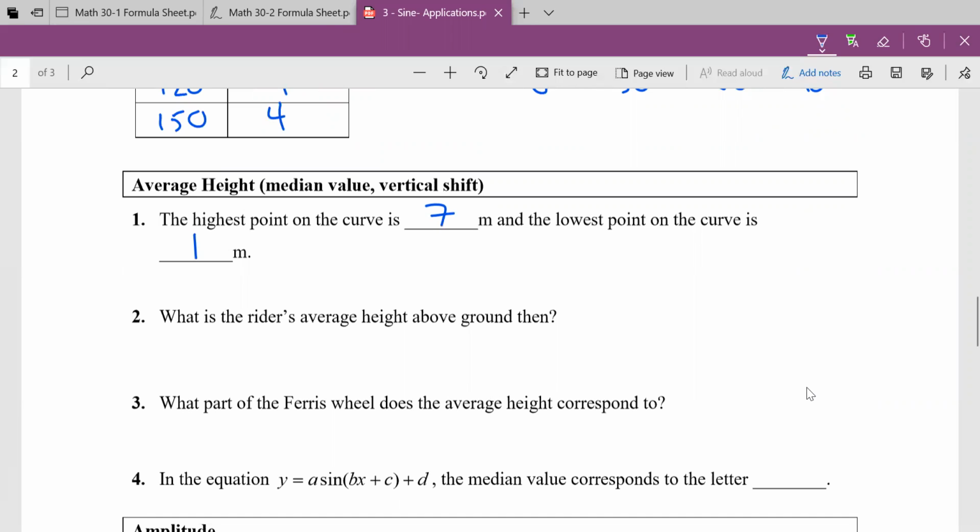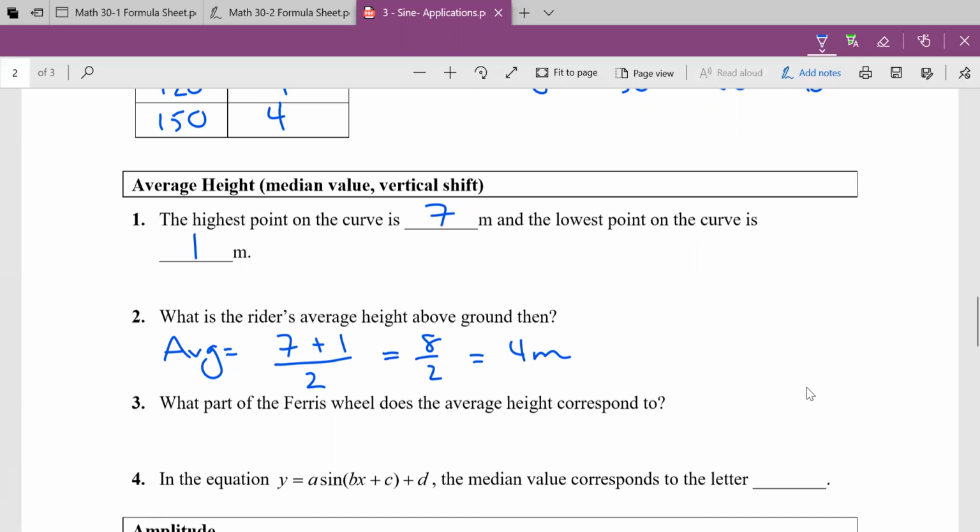Well, I know how to find the average of something. I take my highest value and my lowest value, add them together, and divide by 2. Well, that's 8 over 2. That's 4. That's the average height above ground for Sam.